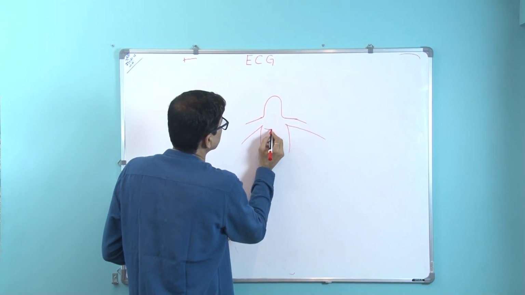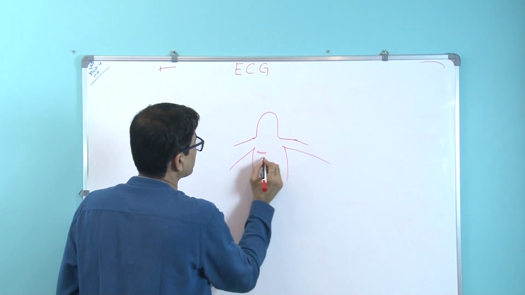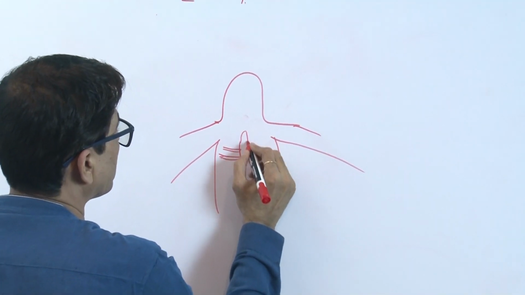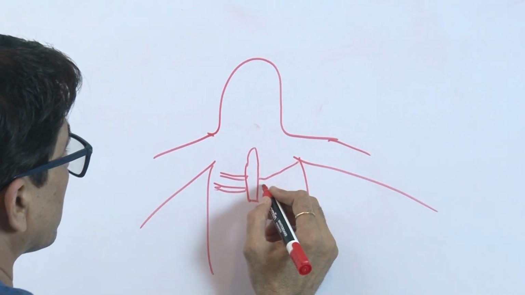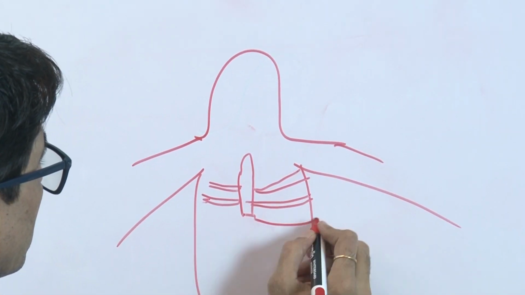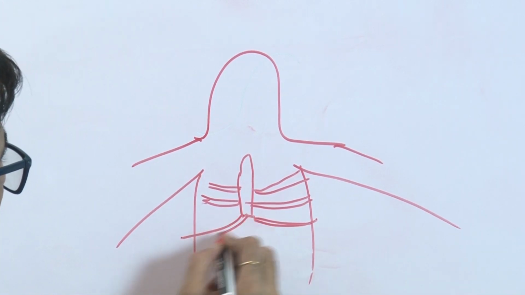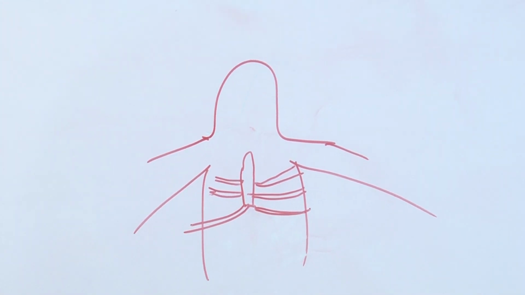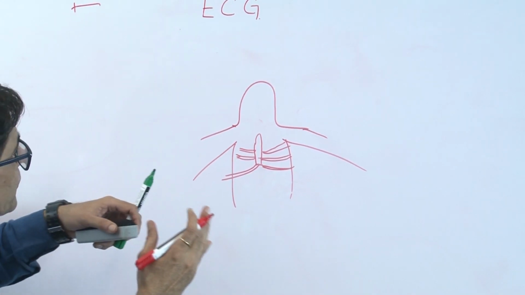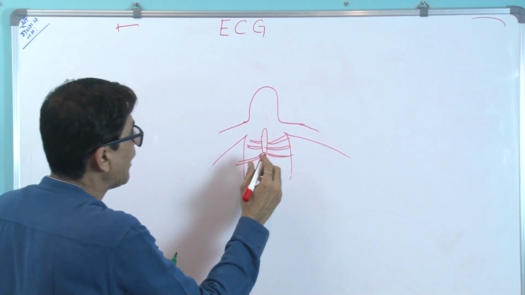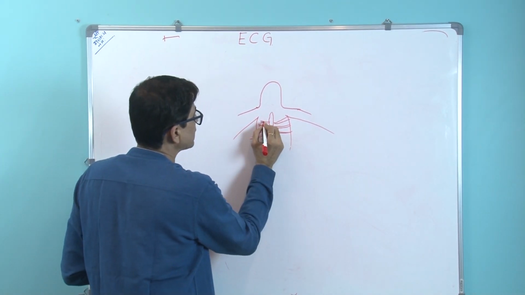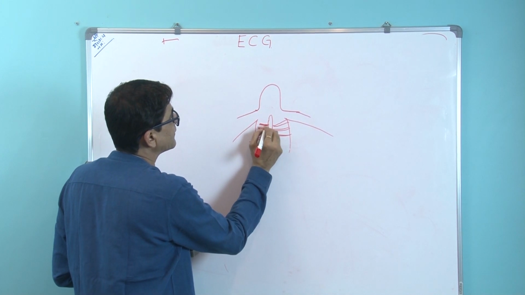So consider this is the 4th rib, this is the 5th rib, this is the sternum, so V leads like V1 to V6 are the chest leads, and how they are placed: this is the 4th intercostal space, below the 4th rib.